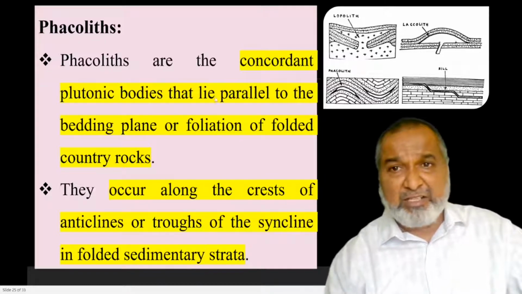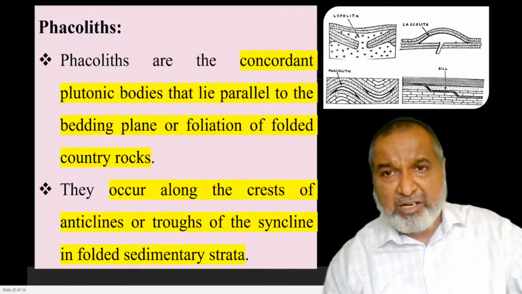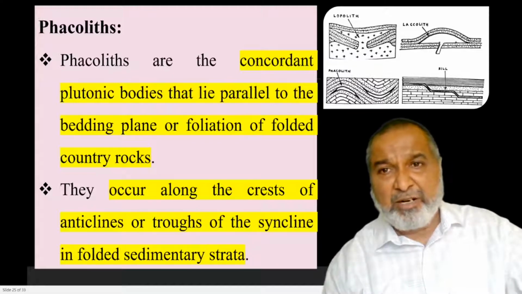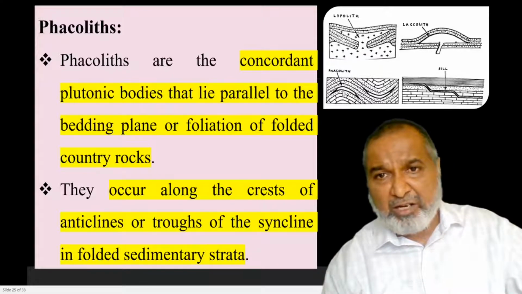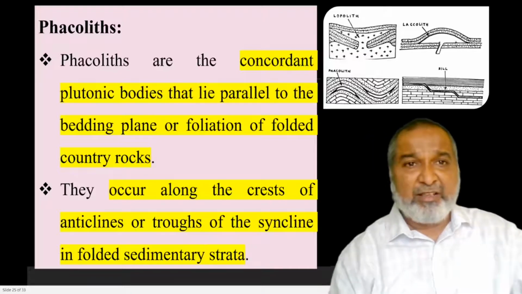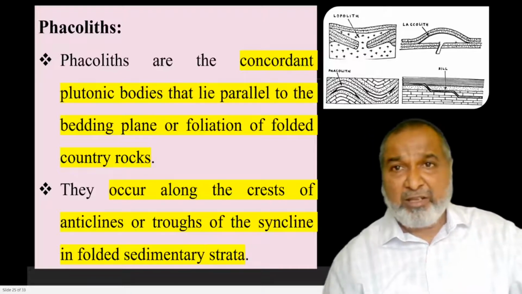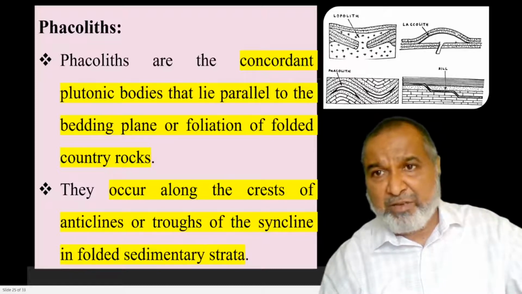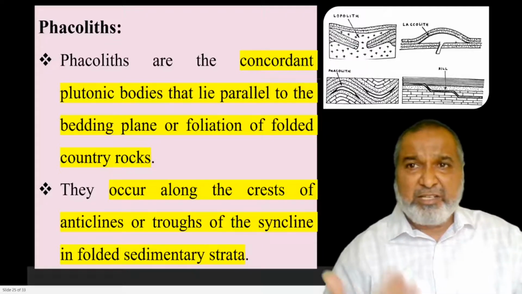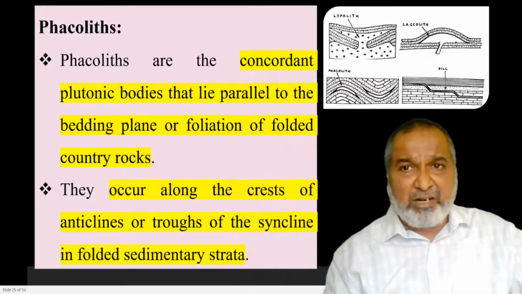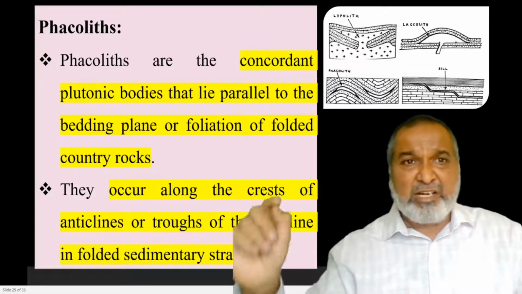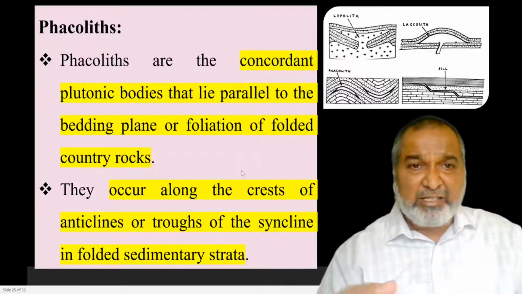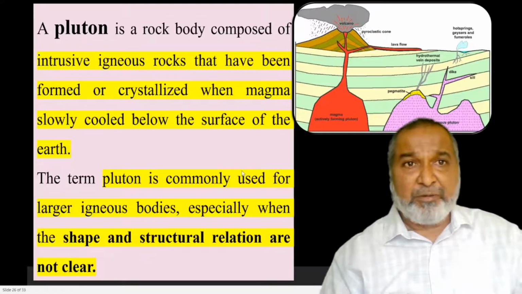Wherever we have a crest and trough, the material is deposited along the crest and along the trough, and these are called phacoliths. You can see the lopolith, this part. Laccolith we have seen. One is the crest, the second is the trough, and along the crest and trough deposition has taken place. This is the phacolith.